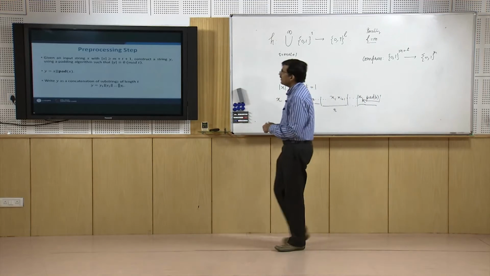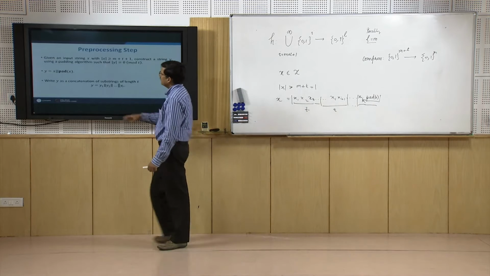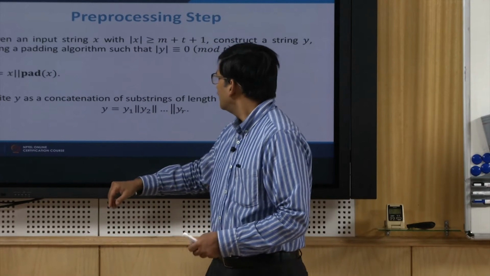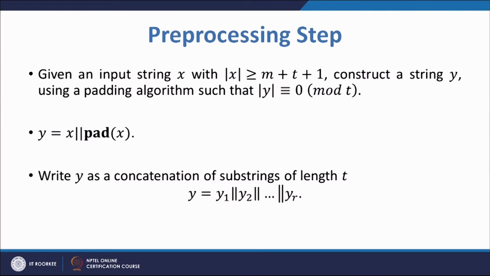So, there will be a public algorithm of padding that we will put on after x, so that it will be a multiple of t. Suppose after doing that we have got a string like this which is y, which is a multiple of t.